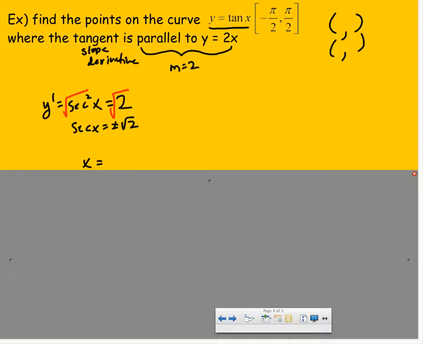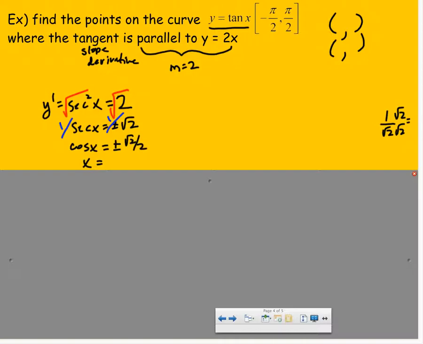If secant of x equals plus or minus square root of 2, if I do 1 over both sides, isn't that fair? So if I do 1 over secant, isn't that cosine? And what's 1 over the square root of 2? 1 over the square root of 2, if I rationalize, doesn't that end up being the square root of 2 over 2?